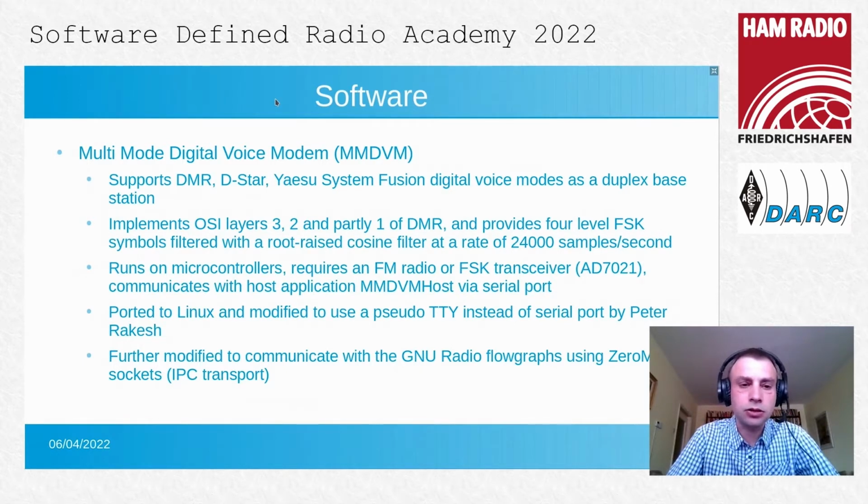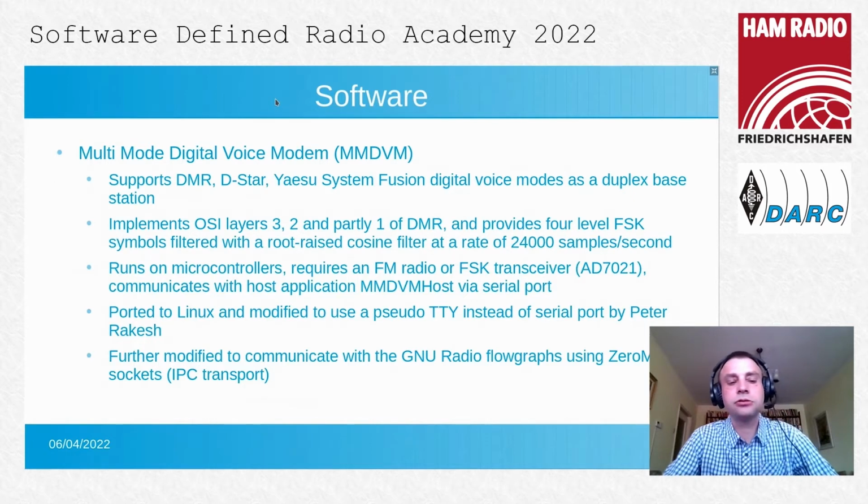MMDVM implements OSI layers 3, 2, and part of layer 1 of DMR, and it provides to the digital to analog converter 4-level frequency shifting symbols, which are also filtered with a root-raised cosine filter. MMDVM uses a sample rate of 24,000 samples per second.